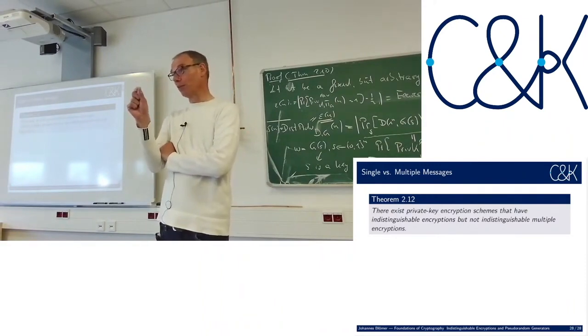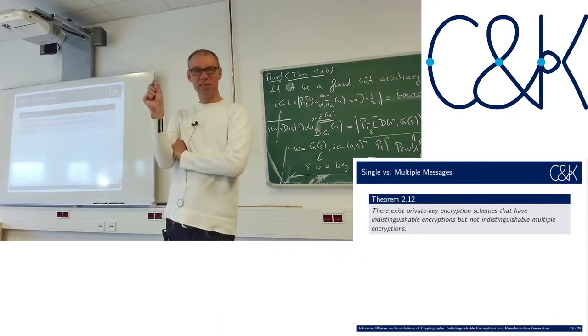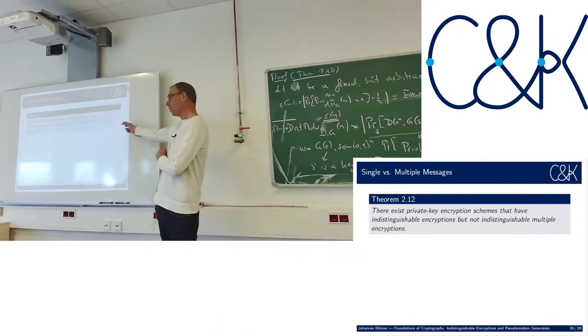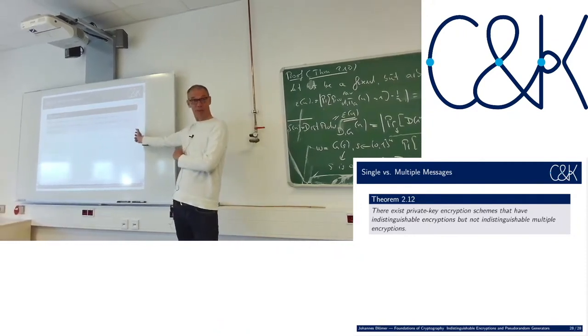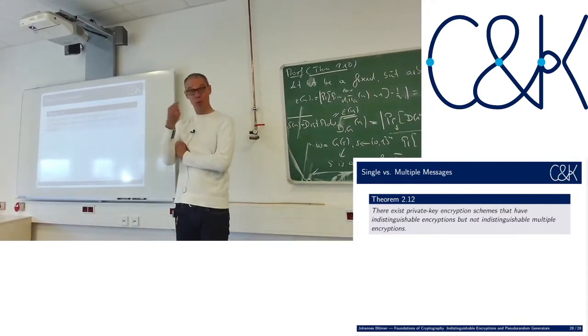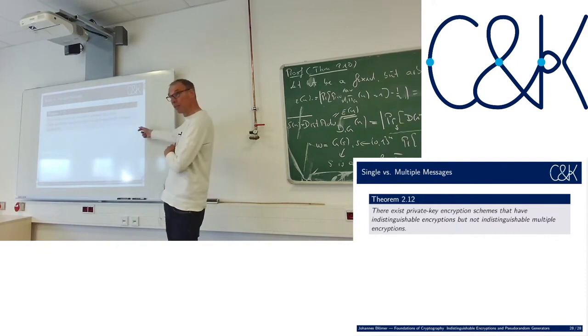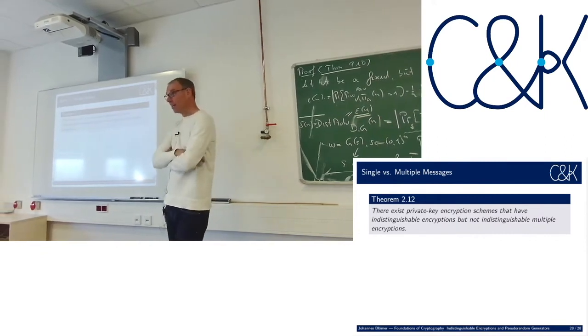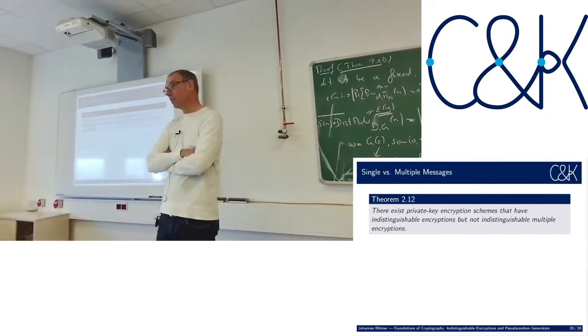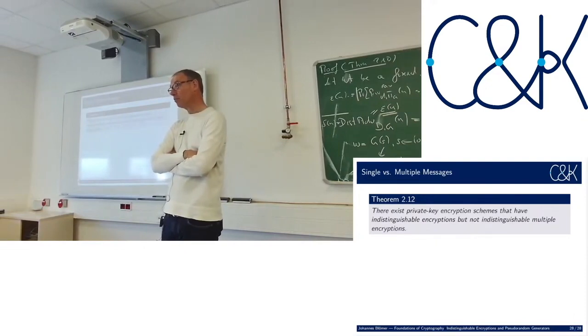That was not good. Indistinguishable encryptions, also not so good, because we want these multiple encryptions. You don't want to use a key just once. You want to use it several times. You need this. And indistinguishable encryptions doesn't guarantee it alone. So that's the bad news.